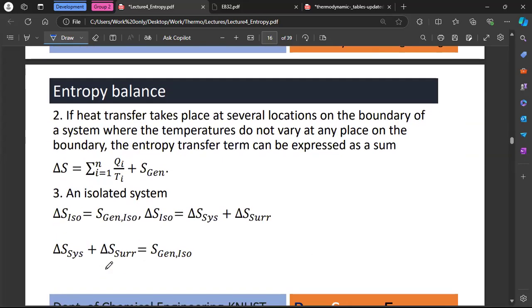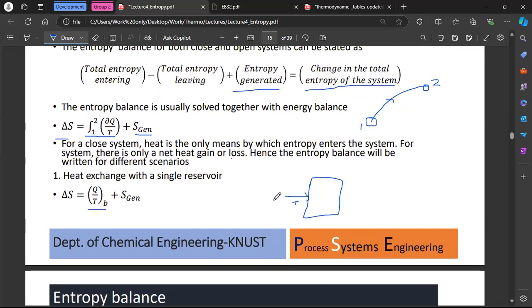But in the case where I have more than one location or more than one reservoir, more than one source of heat, I'll have to add all of their values. So I'll take the Q of the first part and then the temperature at that part. So let's say I have here Q and T, and then I have here maybe Q1 and then T1.